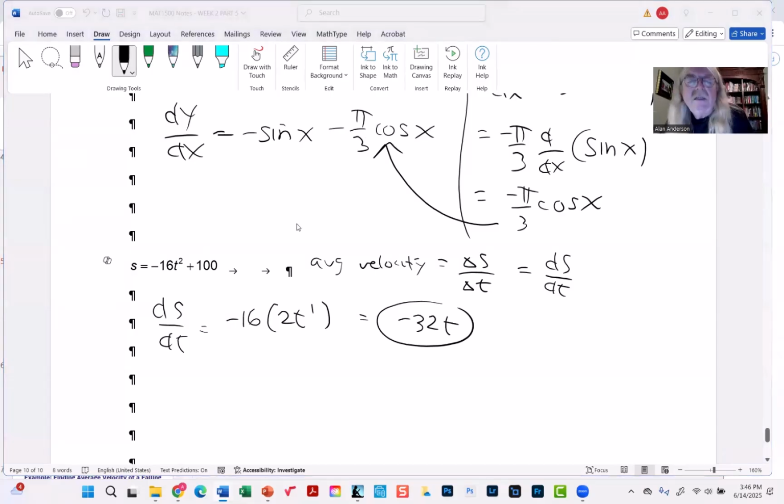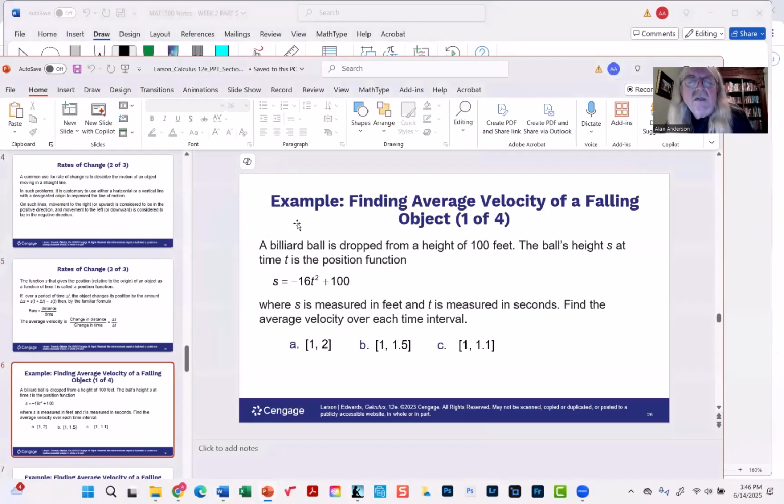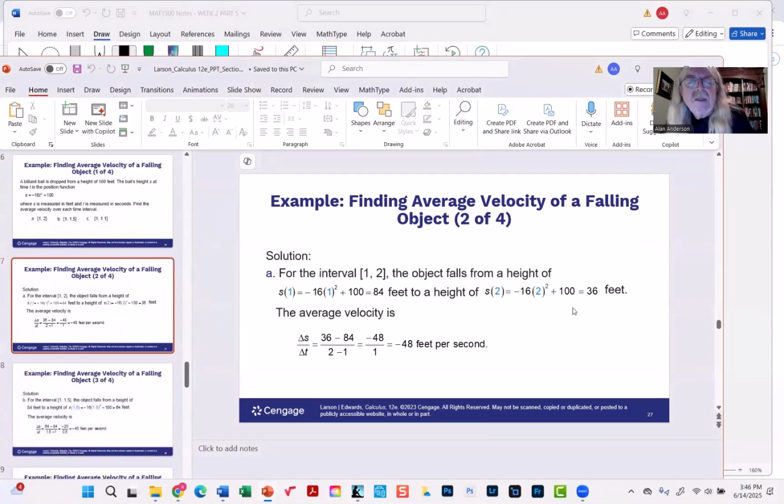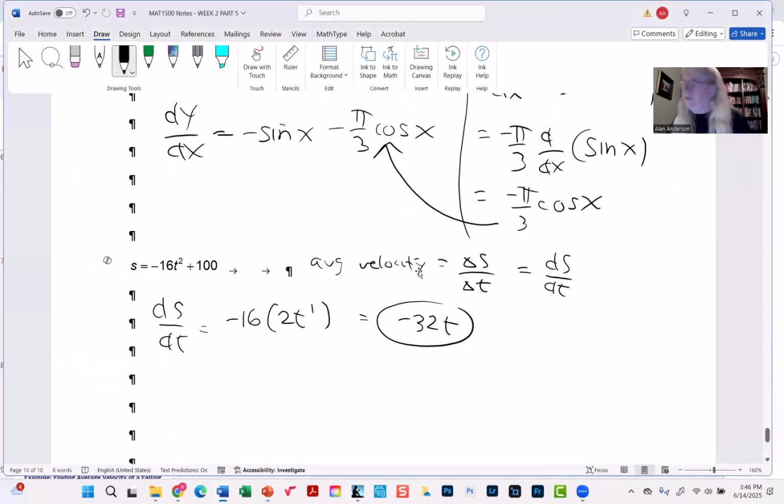Oh, I see what they've done. They want us to actually do it as delta S over delta T. So in other words, first of all, what is this thing?